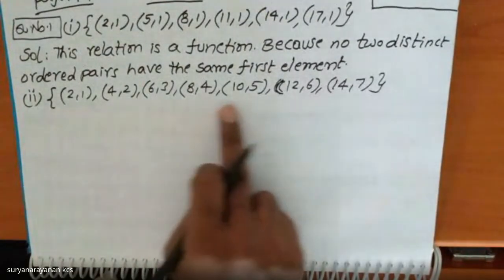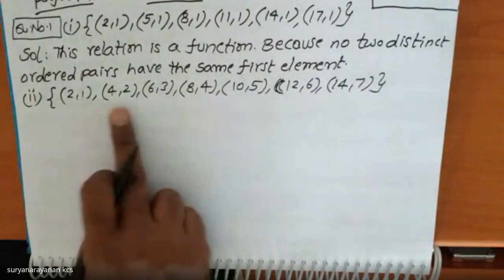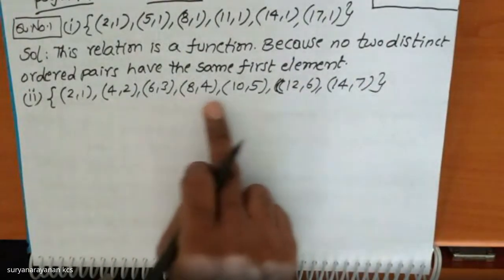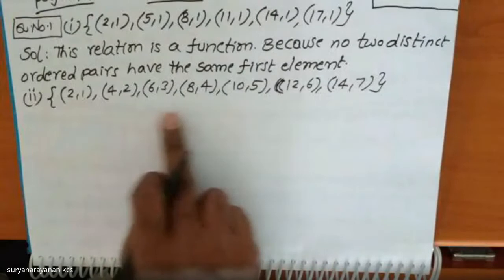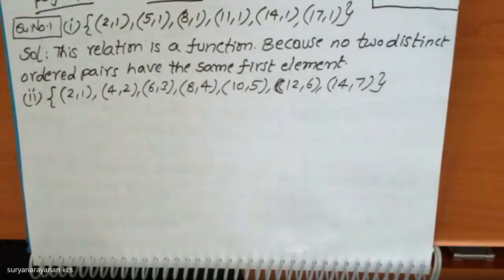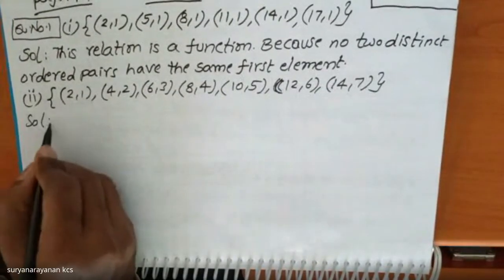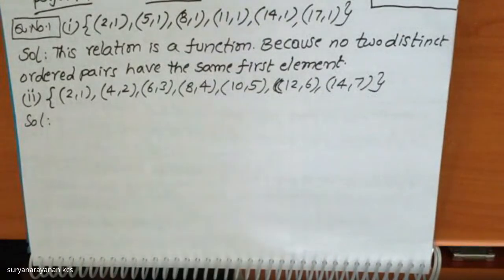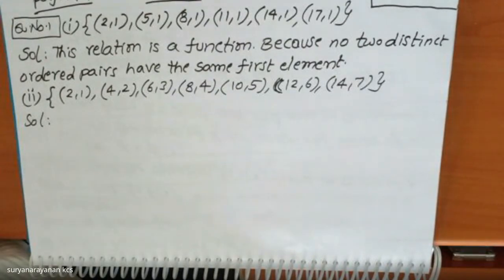Now observe this relation carefully, my dear children. Is this relation a function? If so, tell me the reason. If it is not a function, in that case also tell me the reason. Is it a function? Tell me.